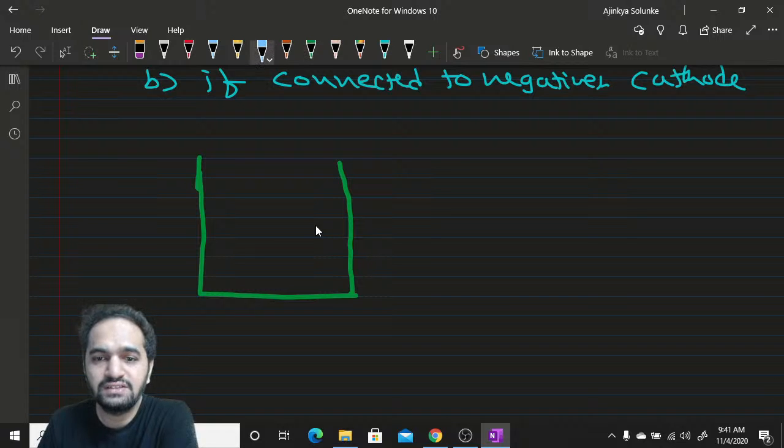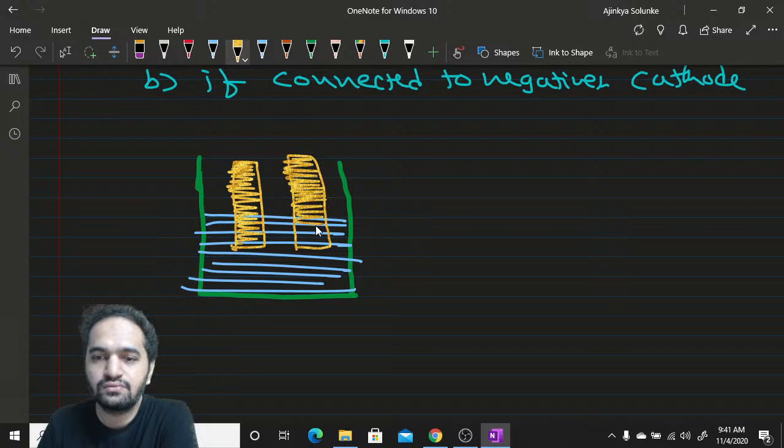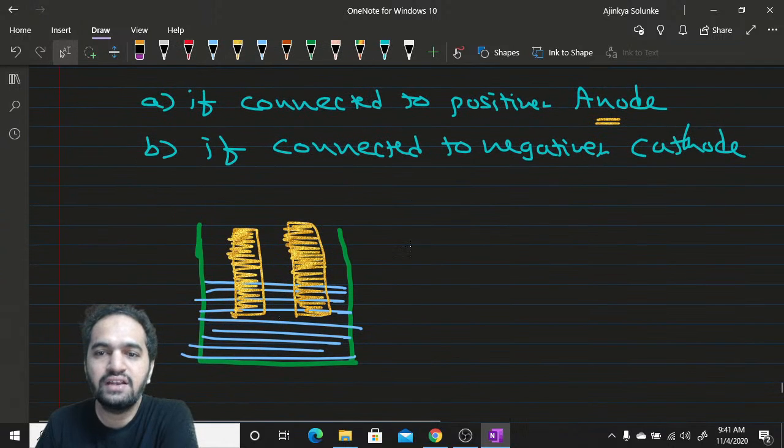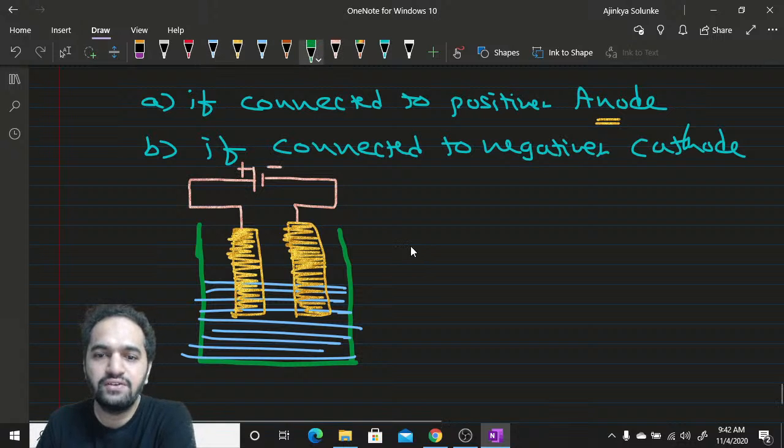If I am taking some liquid inside it, I have taken two electrodes, and I have connected them to my battery. Suppose the names I have given for these rods are rod M and rod N.